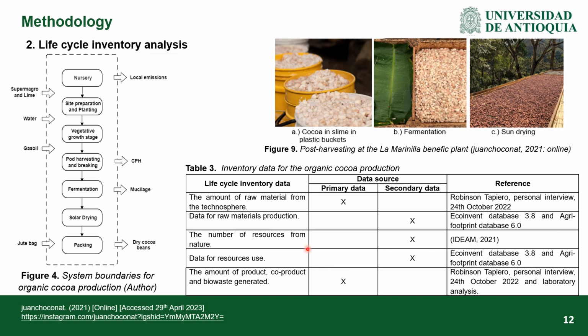The amount of resources from nature correspond to secondary data taken from IDEAM information. The data for resource use correspond to secondary data taken from a database, and the amount of product, co-product, and biowaste generated correspond to primary data taken from the interview of Robinson Tapiero.